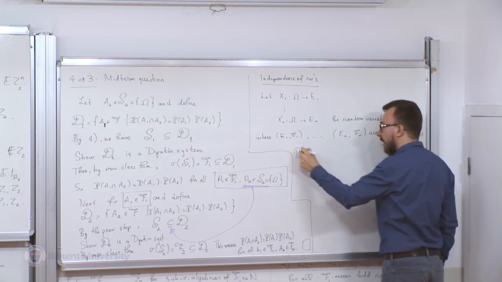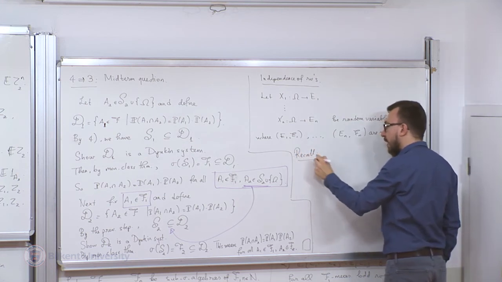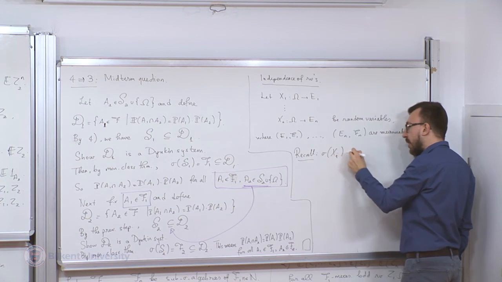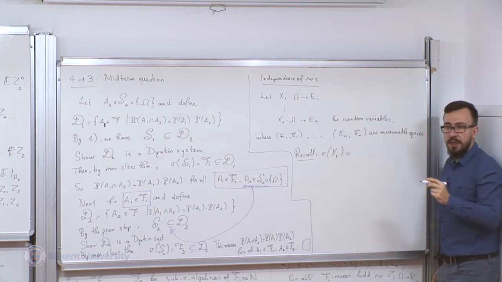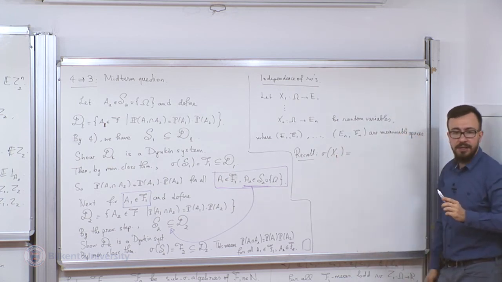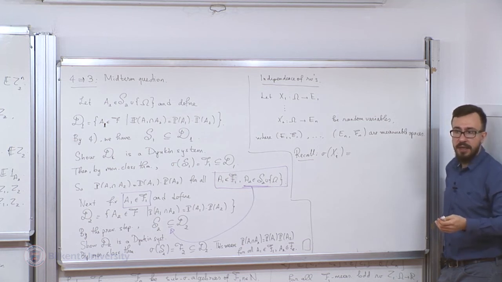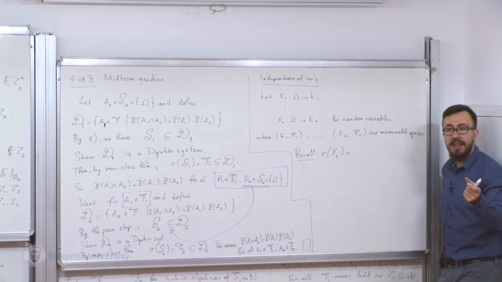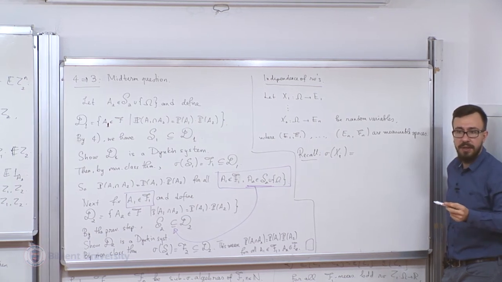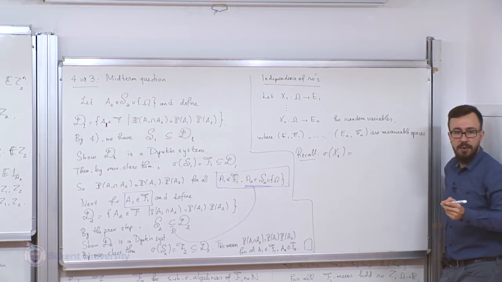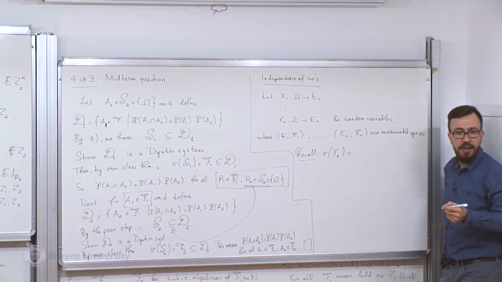So recall that we have this notion of sigma algebra generated by a random variable. Do you remember the definition of a sigma algebra generated by a random variable? What kind of events does a random variable generate? Can you tell me the form of an event about a random variable?